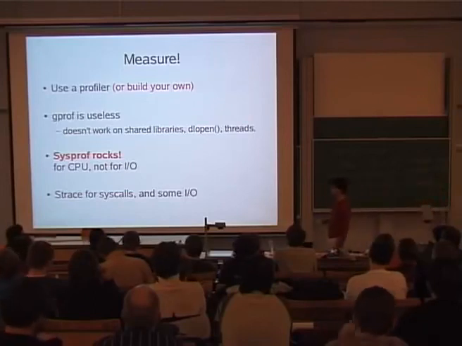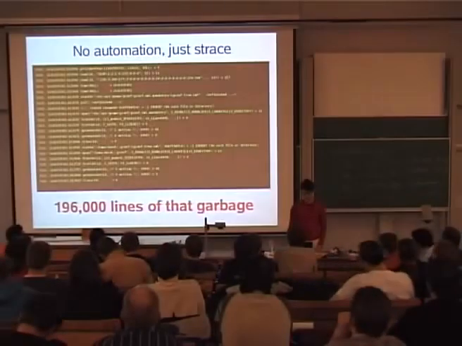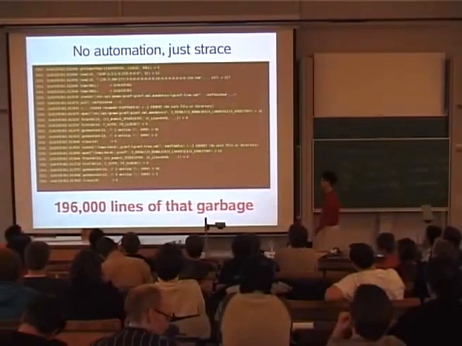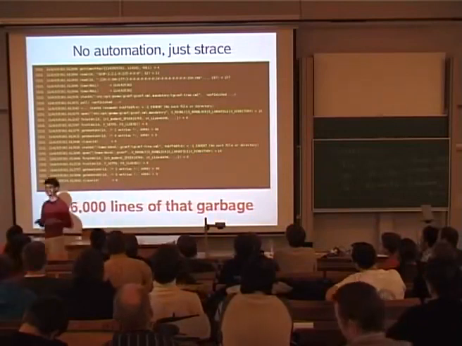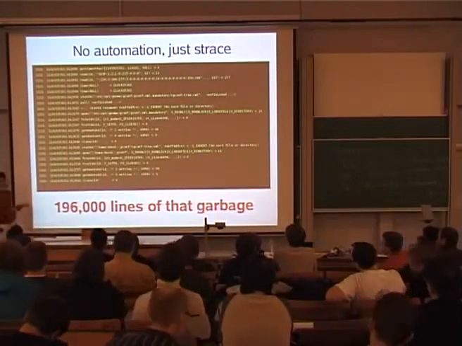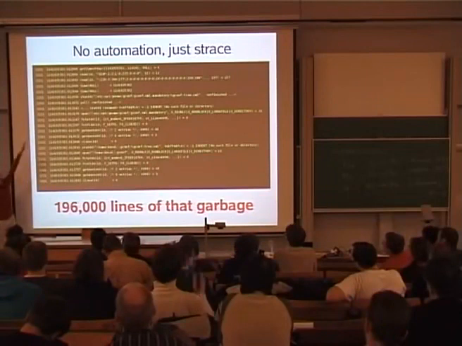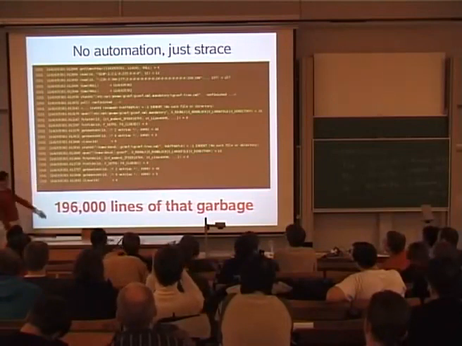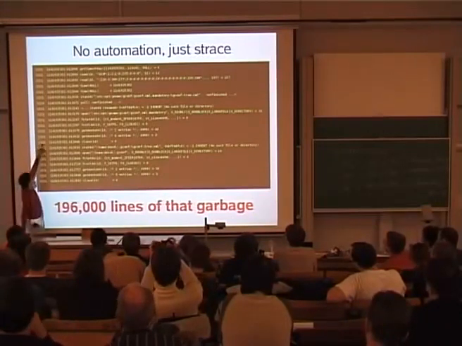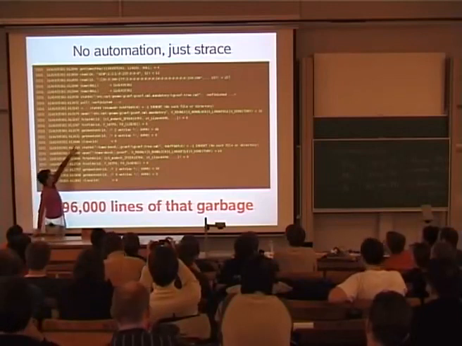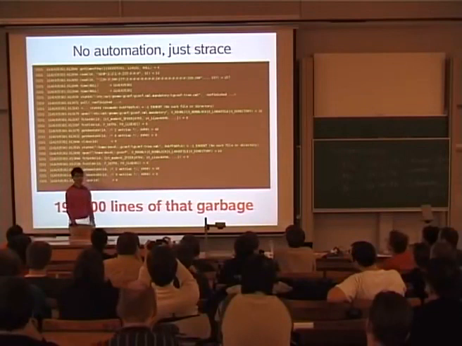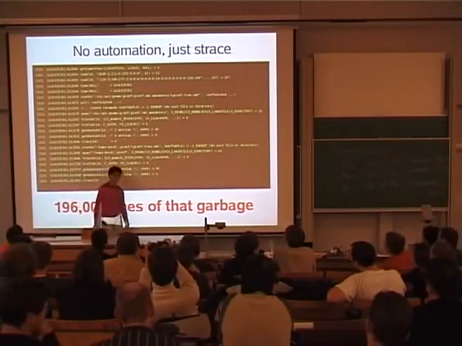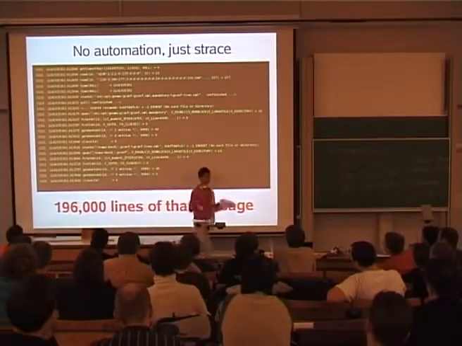Or you can use strace to monitor syscalls. So what's the problem with strace? Once you run strace and you give it the options to give you the timings for each syscall, this is the garbage that strace brings. It says process ID, timestamp with microseconds, name of the syscall, parameters. And if you are a very patient person, you can go through that log.